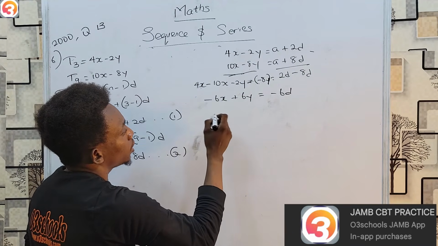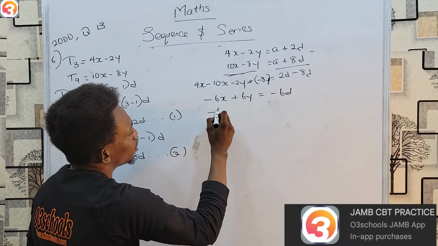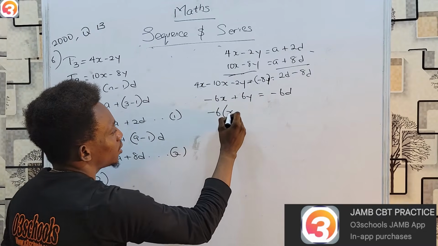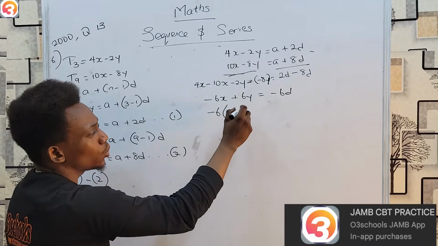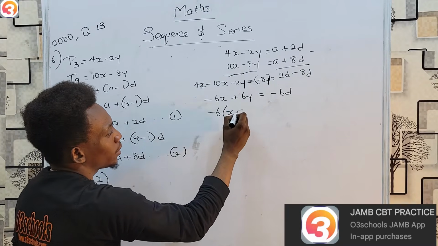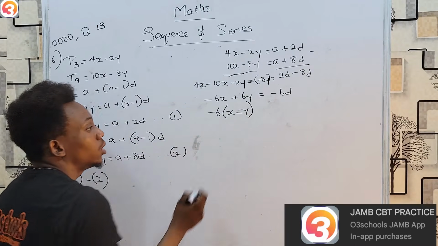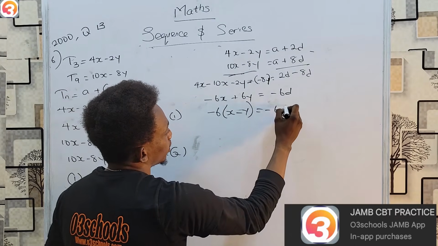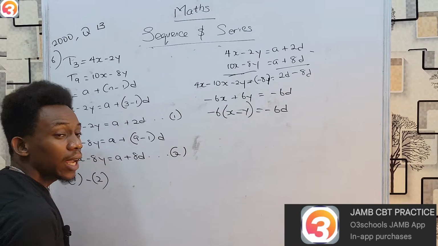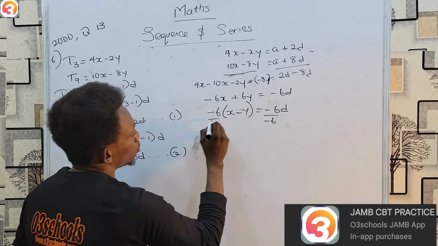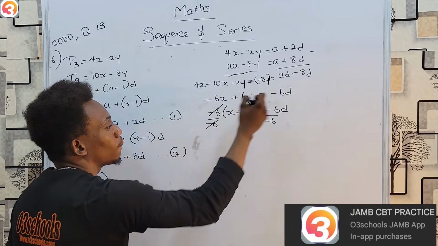Let's see, yeah, I'm having 6 and 6. Let's begin by taking minus 6 out, because I have minus 6 here. Taking minus 6 from minus 6x, I have x. Taking minus from plus 6y gives me minus y again. So I have x minus y equals minus 6d. I now have to find the common difference. So over minus 6, over minus 6.